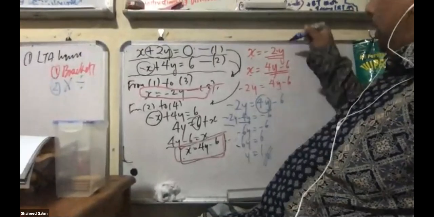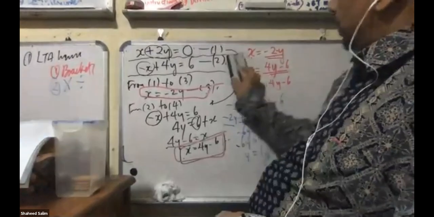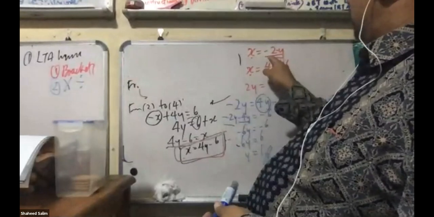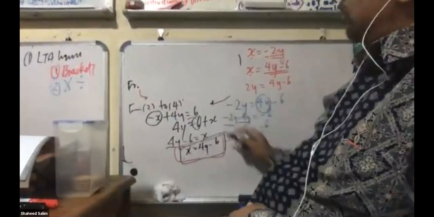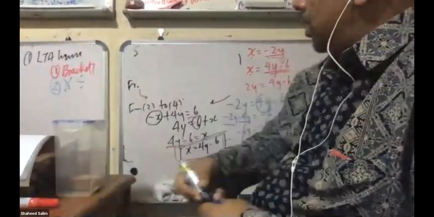Then substitute the value of y into here. You want to find the value of x, very simple. The x equals minus 2y. Very simple, I just substitute now. Now this is what Shafi learned in school. They must learn to say all these words.